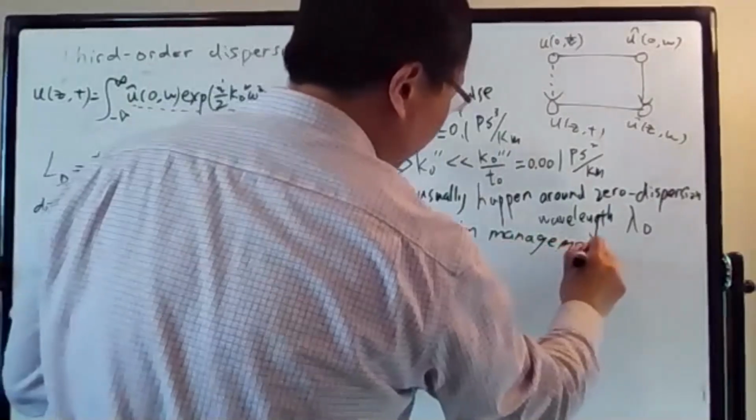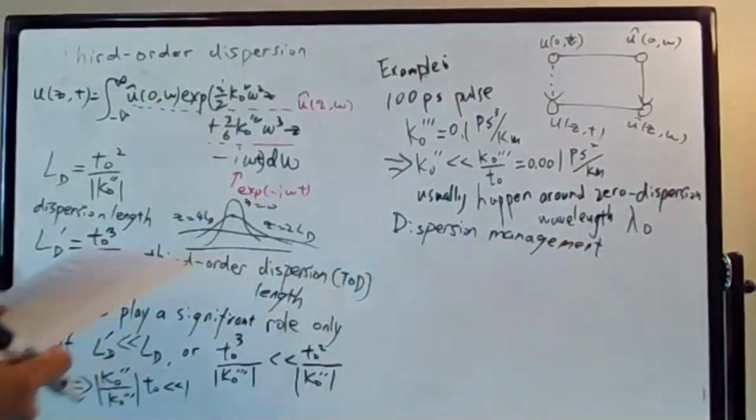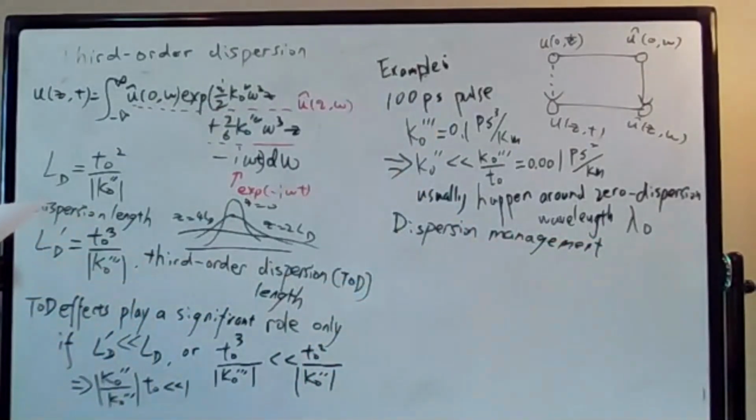So, dispersion management. In other words, one can have two fibers with opposite dispersion, and they add together and compensate this.